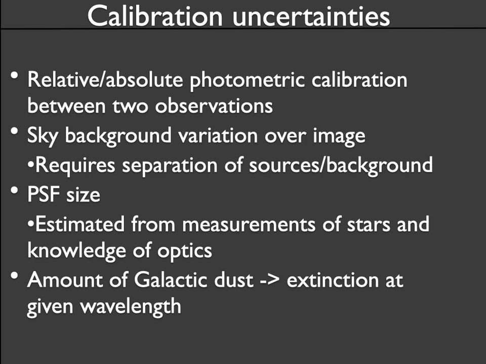And then finally, one of the things that is a foreground, we try to turn into a calibration. We know the dust extincts light from galaxies that we observe. We measure the dust, so we go ahead and correct our measured fluxes based on how much dust there is. But that depends on how well we've calibrated our maps of the dust and how that translates into changes as a function of wavelength.